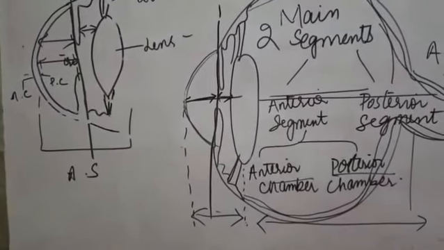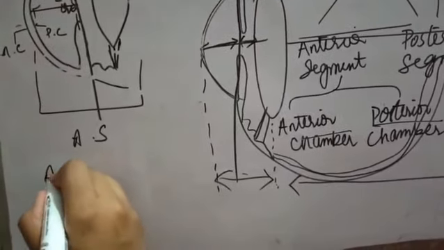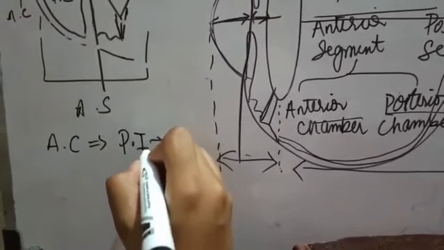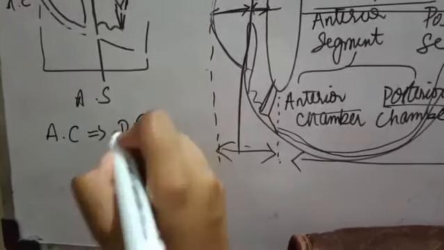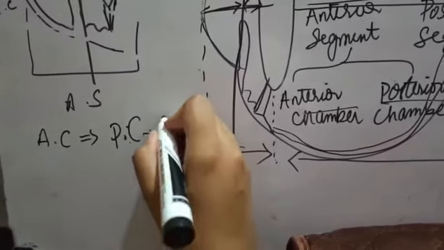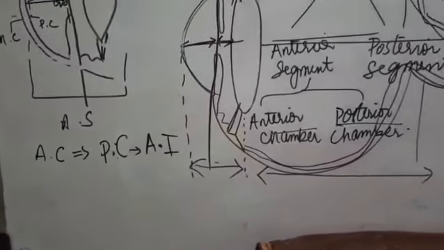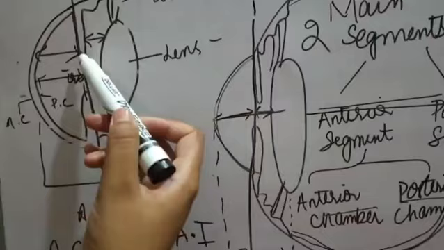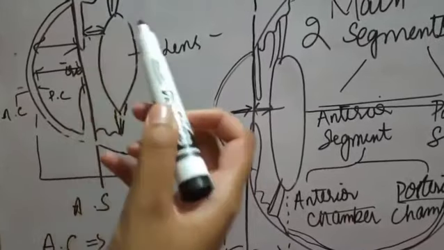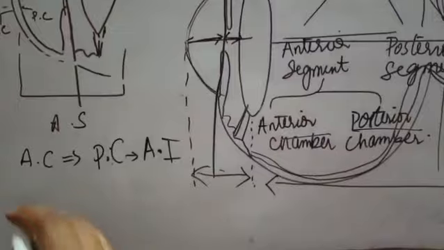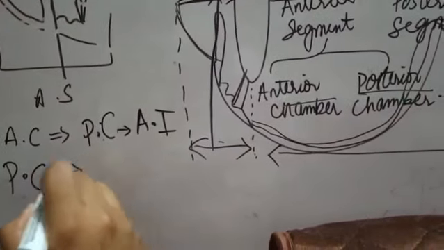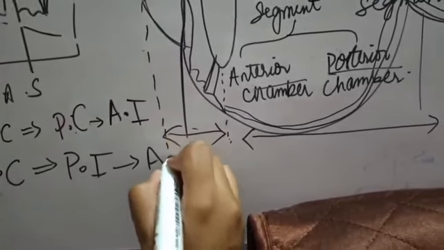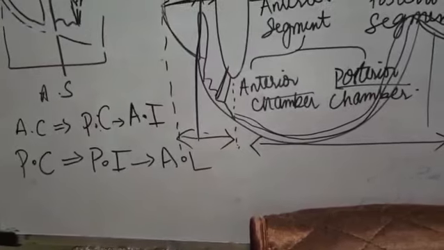It starts from the posterior cornea and extends up to the anterior iris. While the posterior chamber starts from the back side of the iris and extends up to the front surface of the lens, or we can say the posterior chamber is the space between the posterior iris and the anterior crystalline lens.